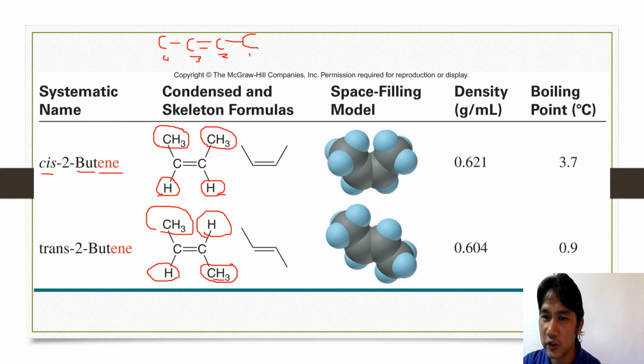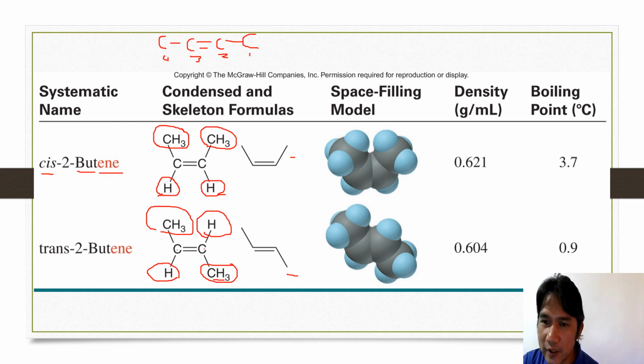So our consideration is the hydrogen atom or atoms that are connected on the carbons that are double bonded. When we represent these two molecules using line formulas, this is how we write them.